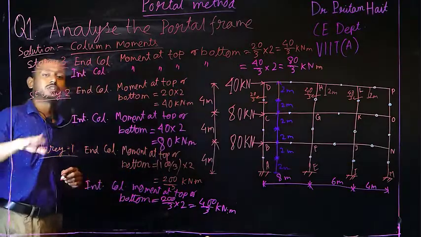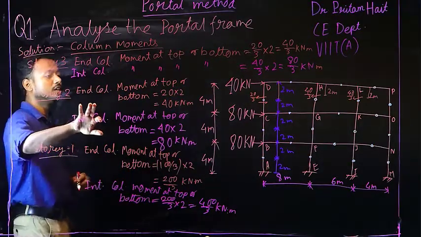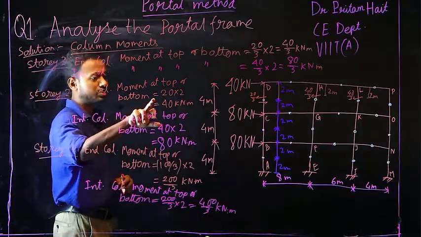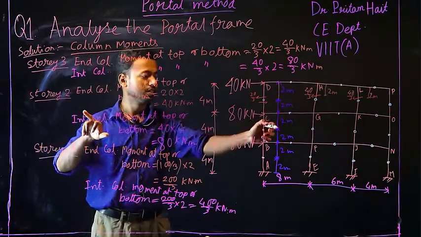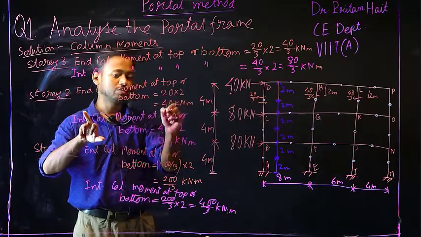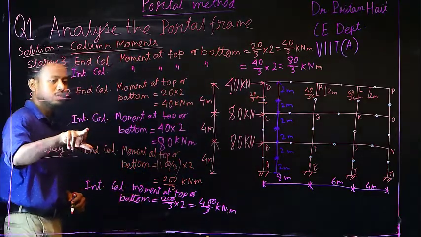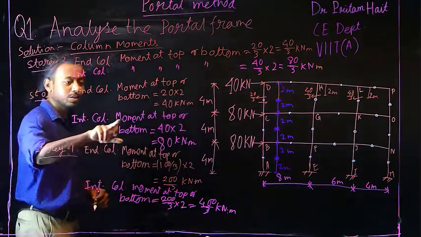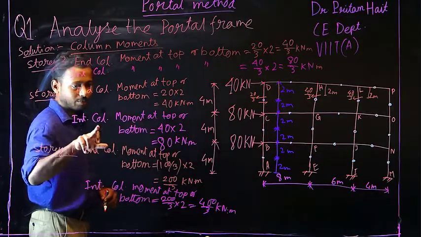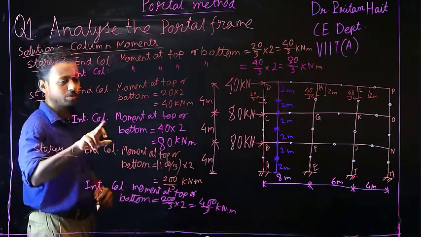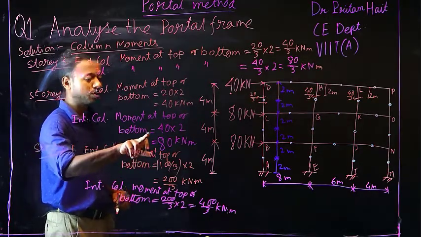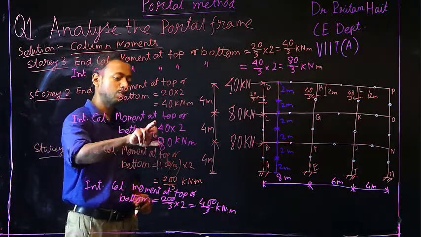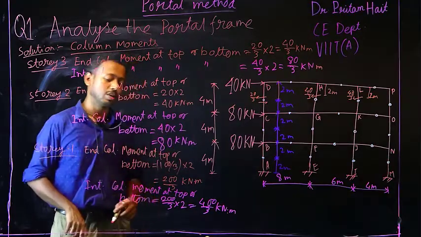For the second story, the same rule you can apply. The shear at the column is 20. If you multiply by the distance, you will get 40 kilonewton meter. And for the intermediate column, the column moment at top and bottom is 40 into 2, that is 80 kilonewton meter.